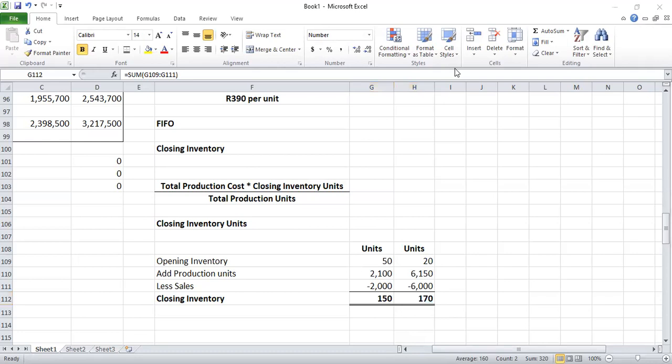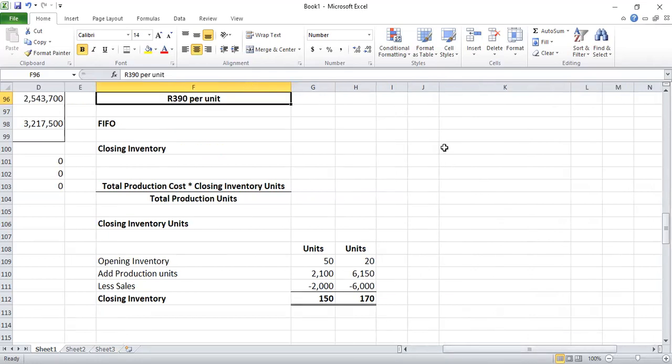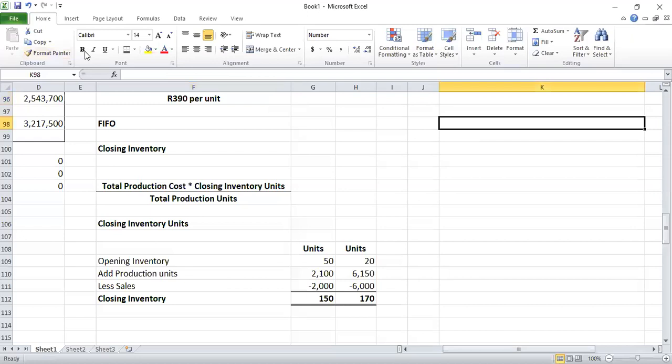Okay, and my colleague here is asking for the weighted average method. Right, let me give you the one for the weighted average method.